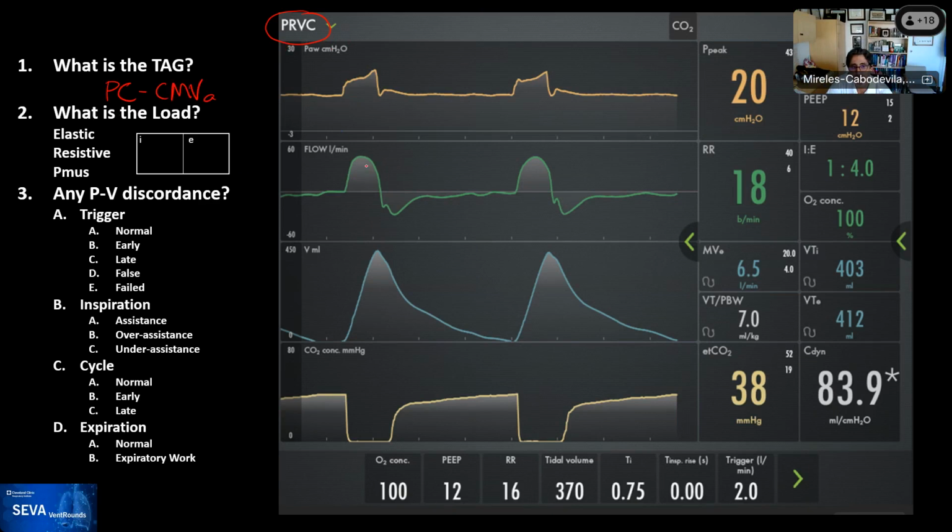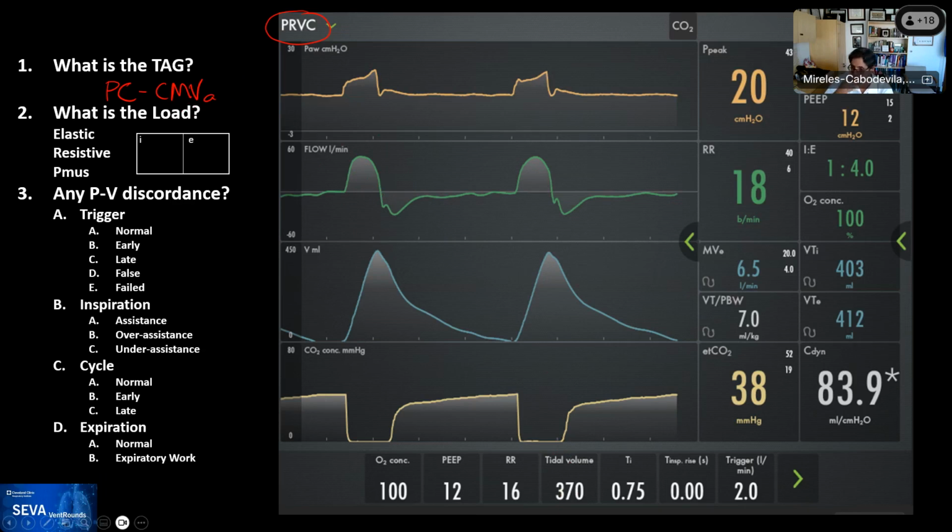And so the flow depends on the PMUS, resistance, and the elastic loads. CMV, which means that all breaths are mandatory, meaning that they were triggered or cycled by the ventilator. And A for adaptive, which is the targeting scheme and talks about we set a target tidal volume, and the ventilator will adjust the pressure, the inspiratory pressure, to achieve that.